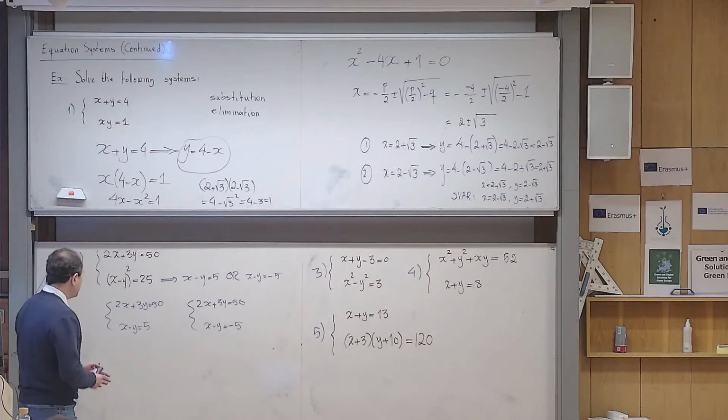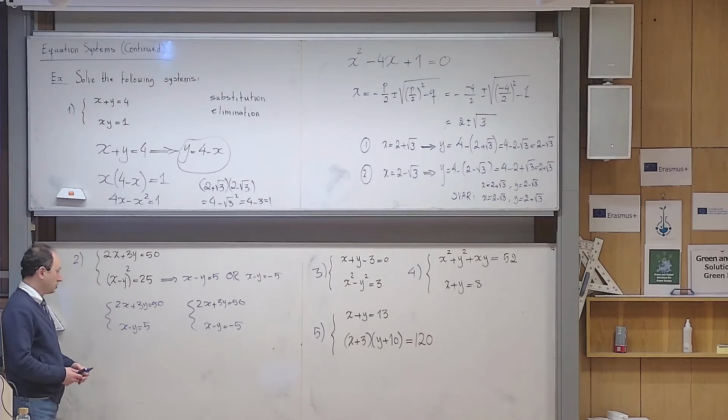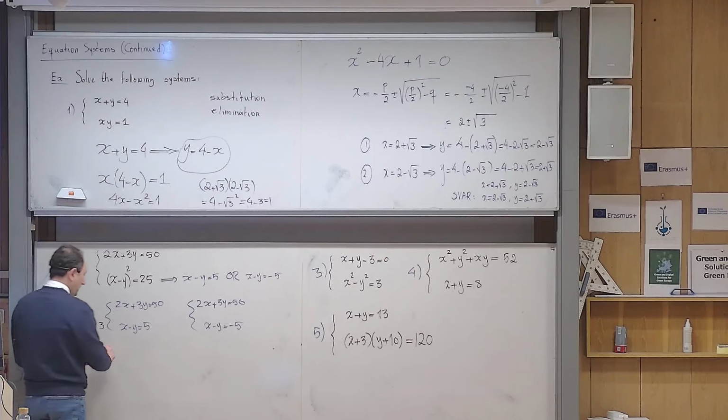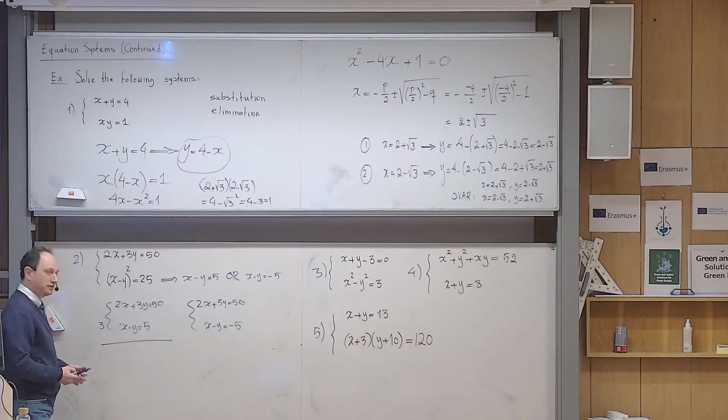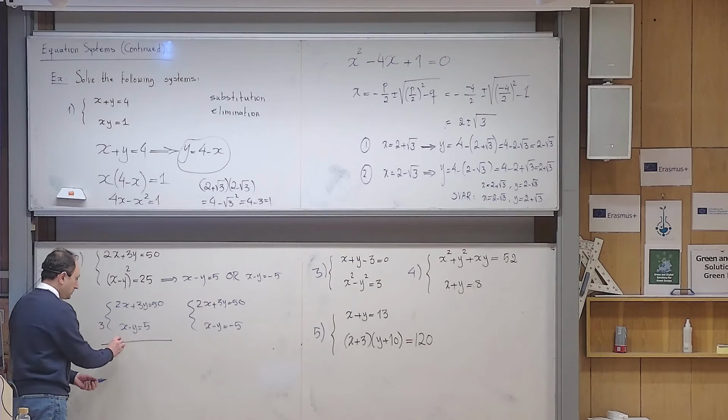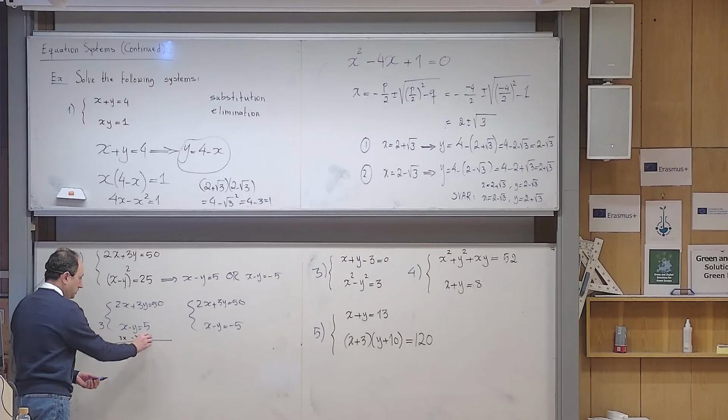For example, let us use method of addition here. So I will multiply, if you don't mind, this one by 3. So then what happens? Can you do it in your head? So it becomes 3x minus 3y, and this becomes 15. So if you want, I can write it below. So 3x minus 3y is equal to 15.